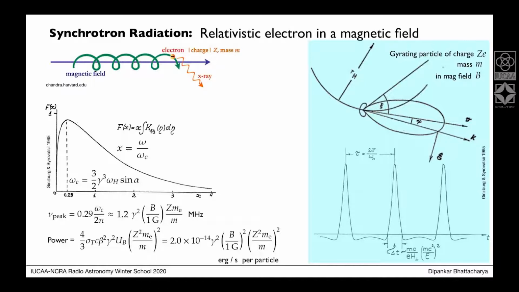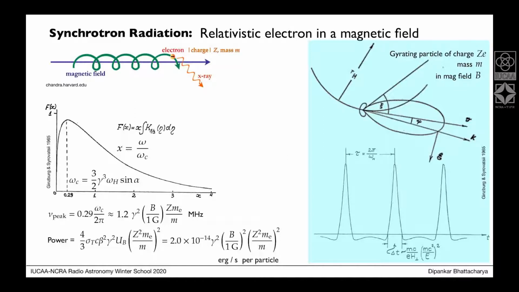So as the electron moves in this orbit, this electric field, the radiation field, points in the direction of the velocity of the electron. Now, if your line of sight happens to be along this vector k, which is shown here, then this emission cone will enter and exit the line of sight in a short span of time.